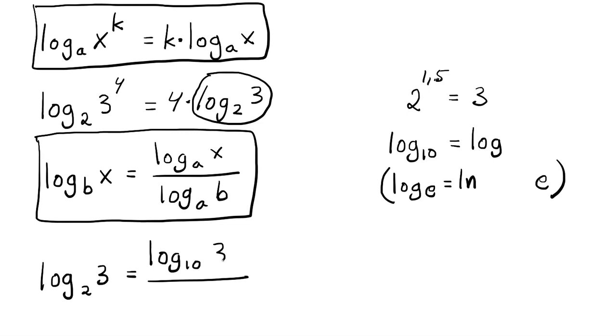It's 3. And here we also have the 10 logarithm. And b, what's that? That's 2. And here we didn't have to write 10. We can also just write log 3 over log 2, since that means the 10 logarithm. So you see that the 2 logarithm of 3 can be calculated as the 10 logarithm of 3 divided by the 10 logarithm of 2. I should have written 2 here.